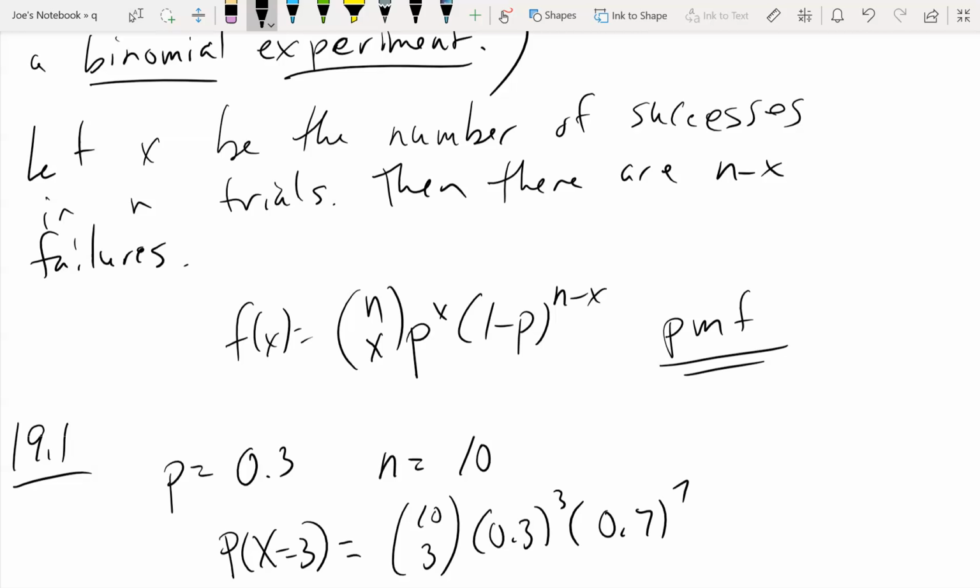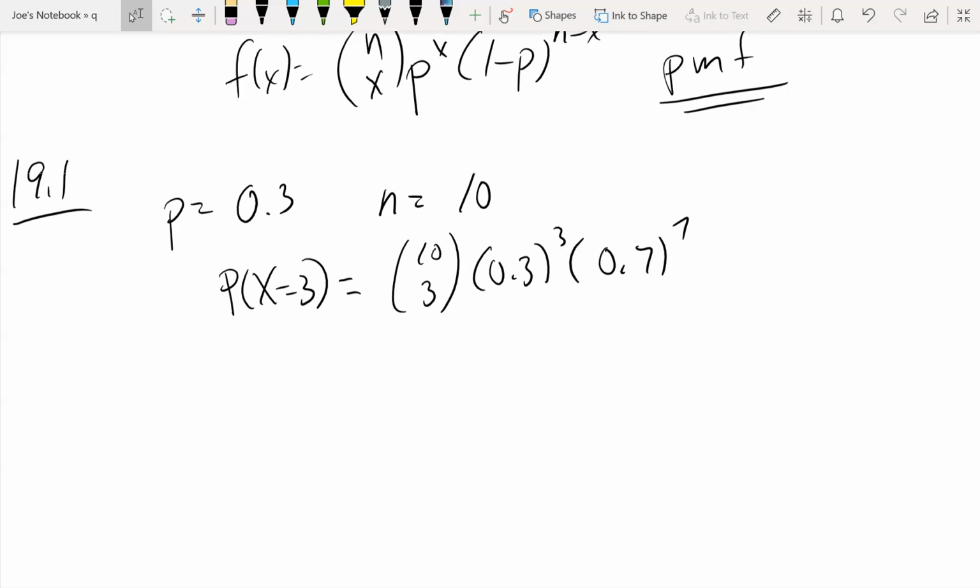All right. Let's see if we can calculate the expected value and the variance, the mean and the variance, for the binomial distribution, although you should be able to guess, at least for the expected value, right? If I roll a die, and I say you wanted to count the number of threes that pop up as you roll it over and over and over again, what's the probability of rolling a 3? 1/6.